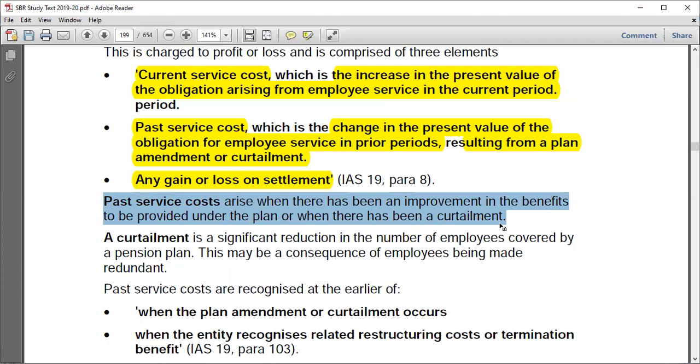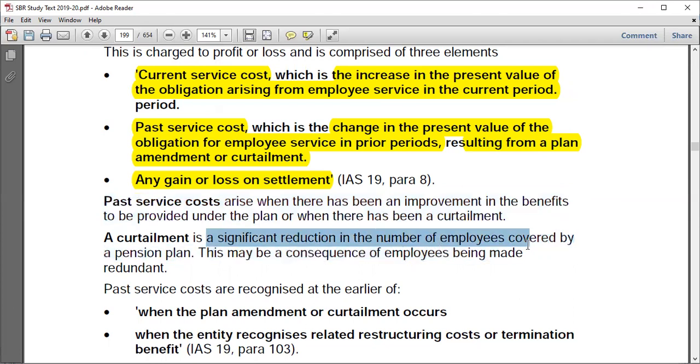Maybe I've decided to shift them to someone else, or maybe I've just decided to remove them completely. That's why we say a curtailment is a significant reduction in the number of employees covered by the pension plan, and this may be a consequence of employees being made redundant. For example, maybe there are some employees we have made redundant, and maybe in the books they had a liability.